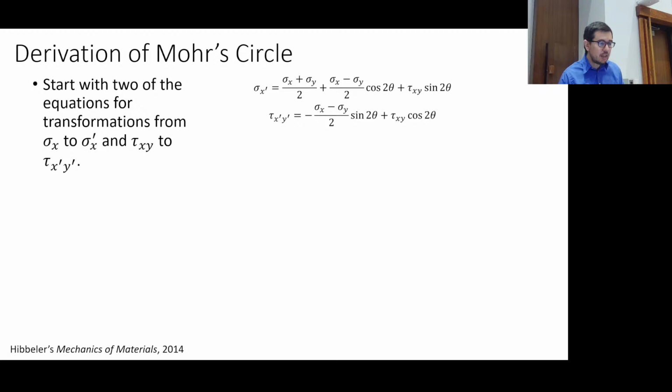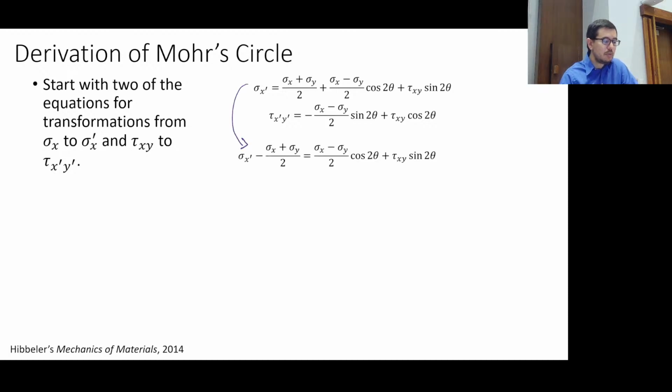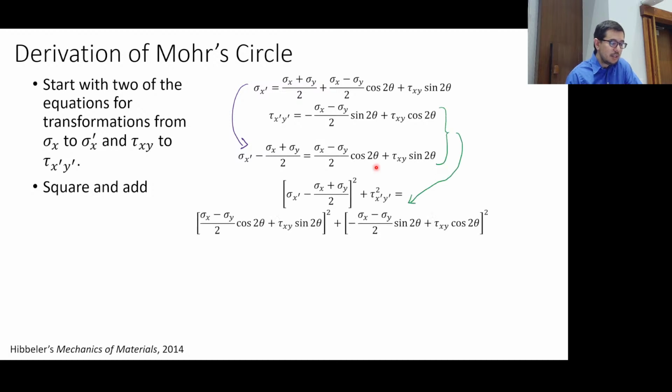Okay, so let's get back to what we were doing. All right. So we start with these two equations, and then we go ahead and we square them, after we've made this one the top one like this. So you square both of these, and we add them to each other.